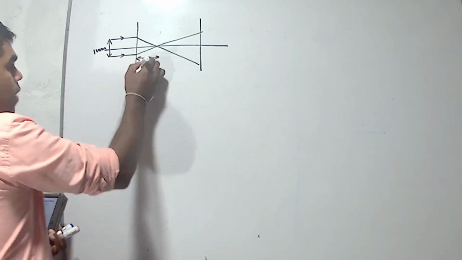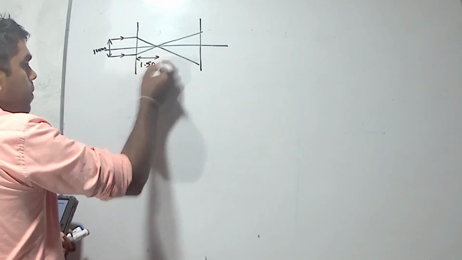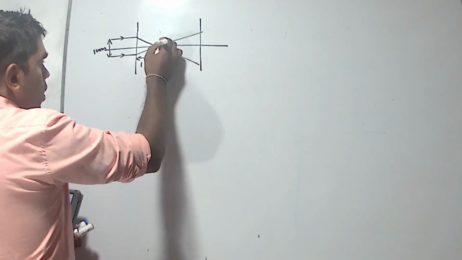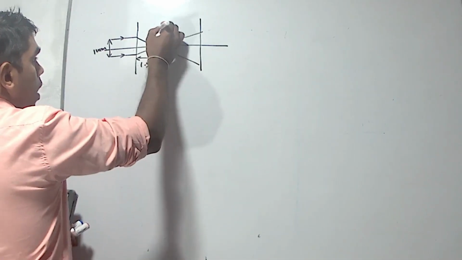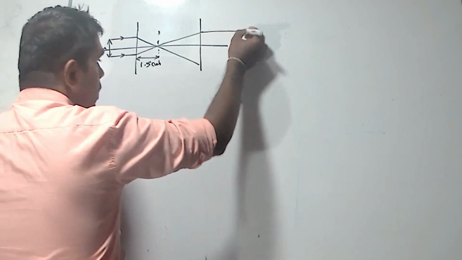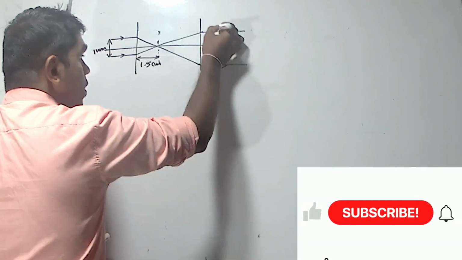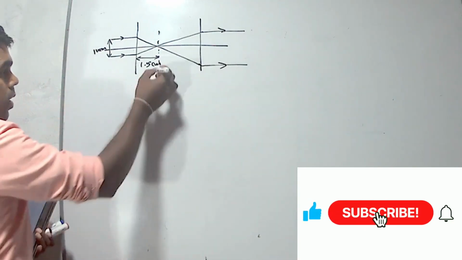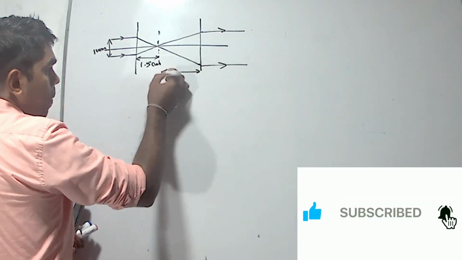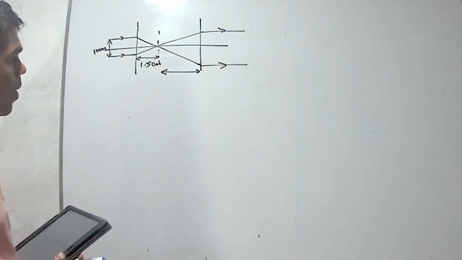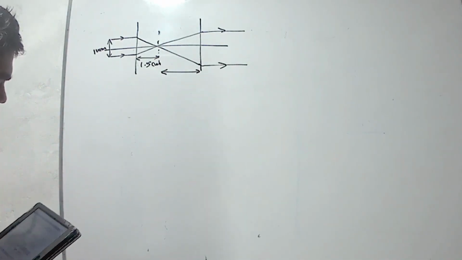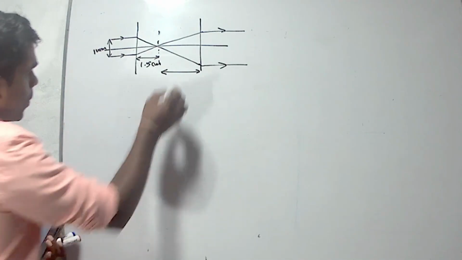It is given as 1.5 centimeters. And to get a parallel beam from the second lens, this length should be the focal length of the second lens, f2.